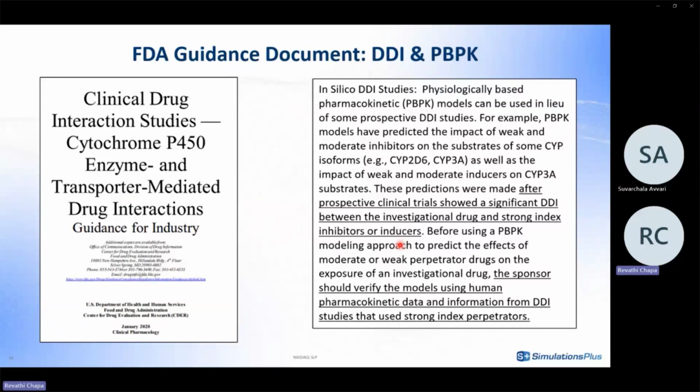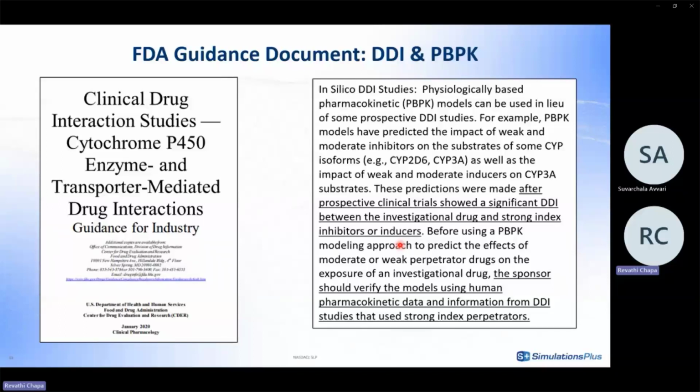Okay, so there are different types of guidance documents to aid the sponsors who are navigating through developing a new molecule. For example, here we are looking at a clinical DDI guidance from FDA. This shows how PBPK models can be used with the help of information that we get from in vitro as well as clinical data.